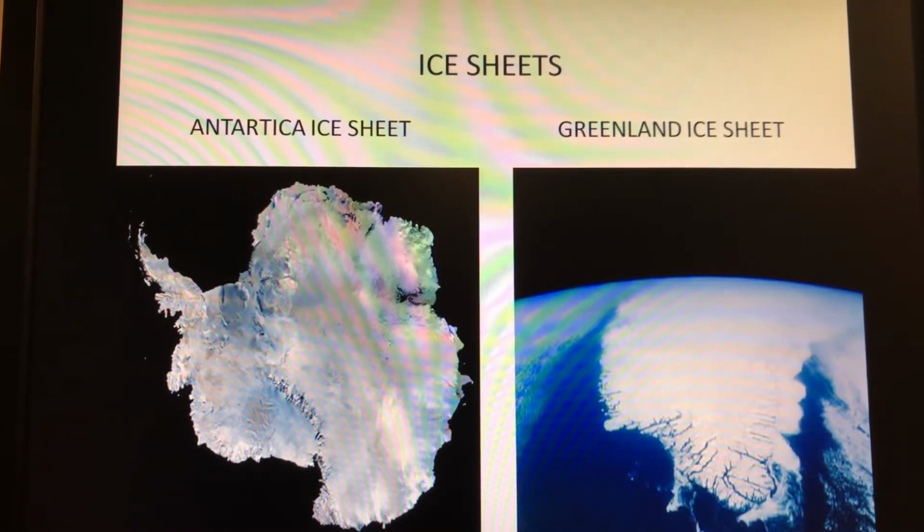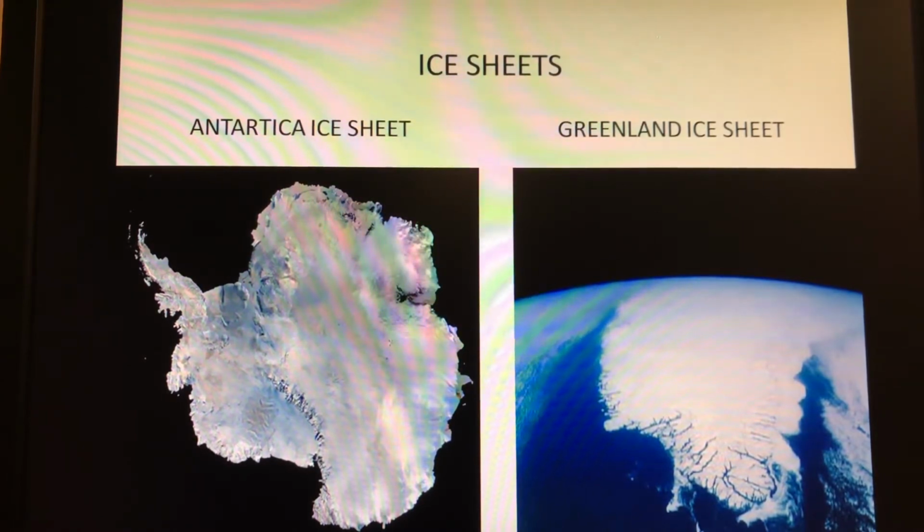Ice sheets are sometimes called continental ice sheets because they cover very large regions where the climate is extremely cold. The only present-day ice sheets are those covering Antarctica and Greenland.